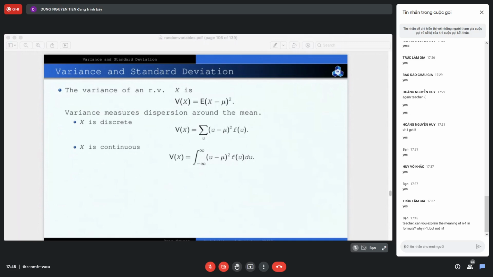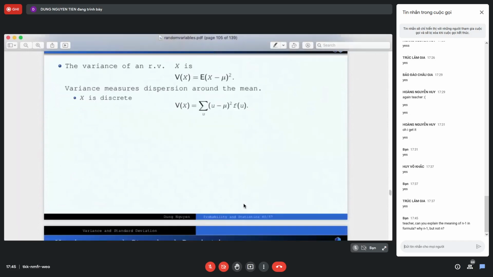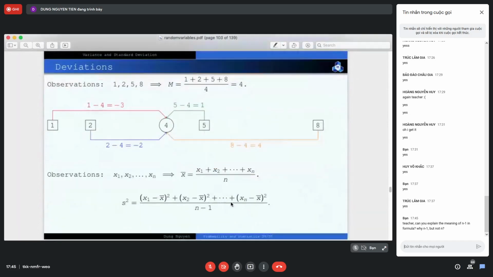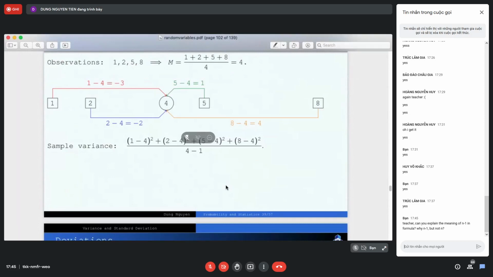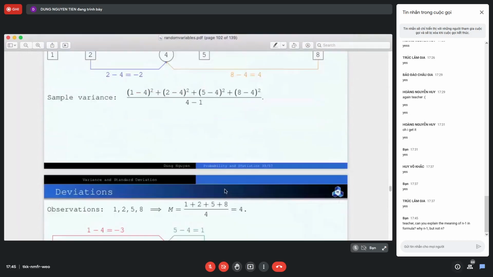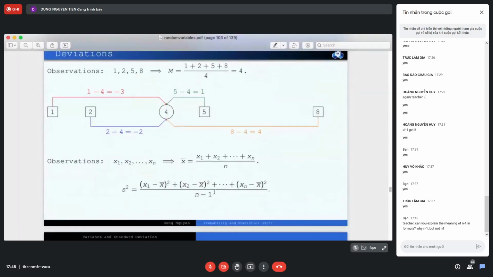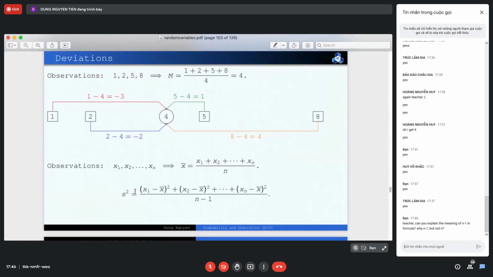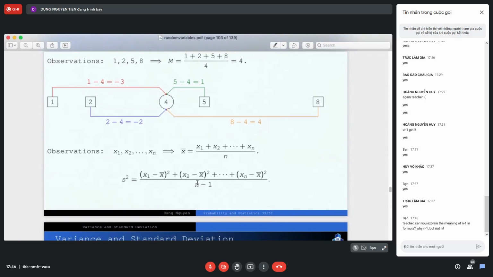Well, in fact, at the beginning it is n. I agree, at the beginning it should be n. However, after you define the variance, we come up with the concept of bias, and it can be proved that if you use n, then you come up with a biased estimator of the variance.